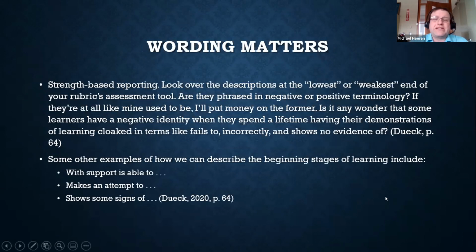And something else to think about when you are working with rubrics is that wording matters. If all you're doing is saying the negatives, you forgot this, you forgot that, you forgot the other thing, intentionally or not, you're in a way kind of putting down the student. And when you're being put down, you get a negative mindset.